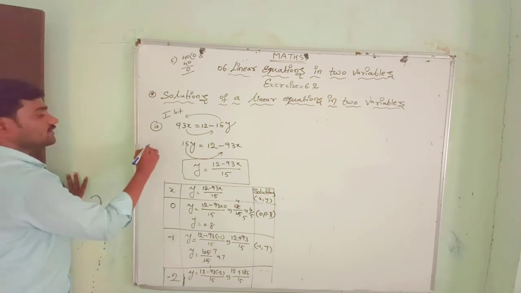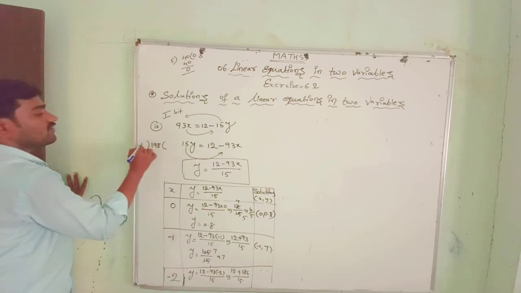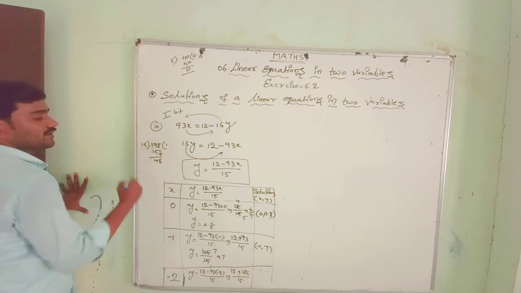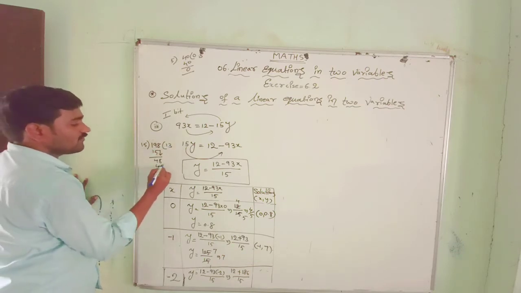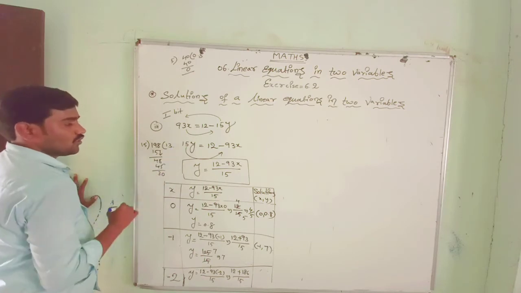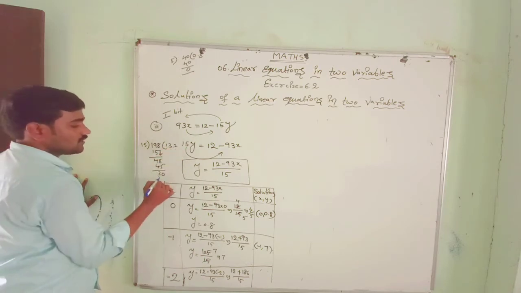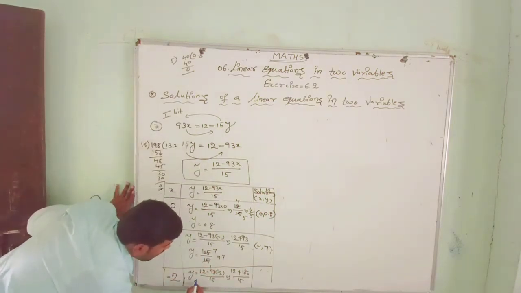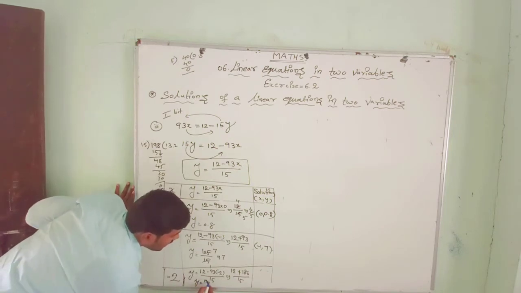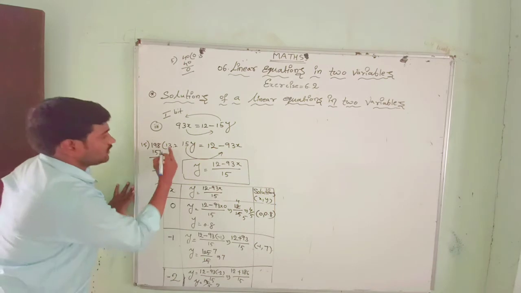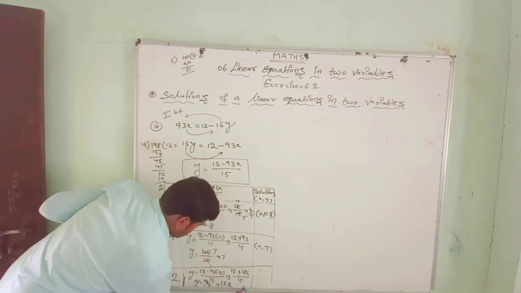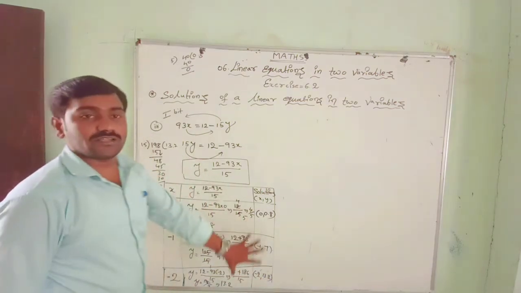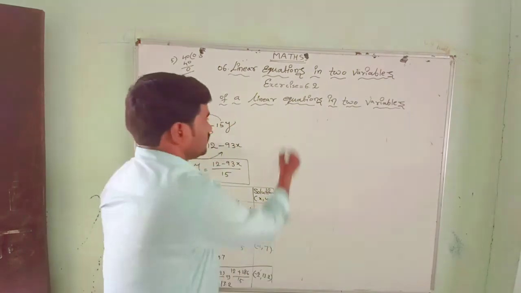Dividing 198 by 15: 15 ones are 15, 15 threes are 45, we get 3, then 15 twos are 30. So y equal to 198 by 15 is 13.2. So we got minus 2 comma 13.2. We got 3 solutions here.